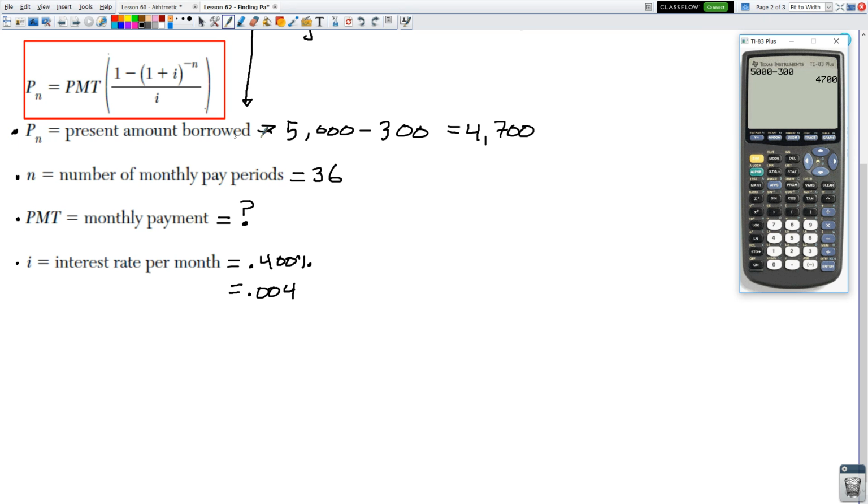Pn, which we found to be 4,700, is going to be equal to PMT, which is the unknown. Now we're going to open a big parenthesis, and this is going to be 1 minus (1 plus I), but we know that I is 0.004, to the exponent of negative n, but we know that n is 36.